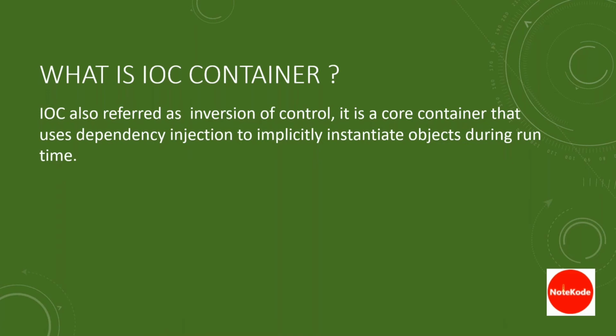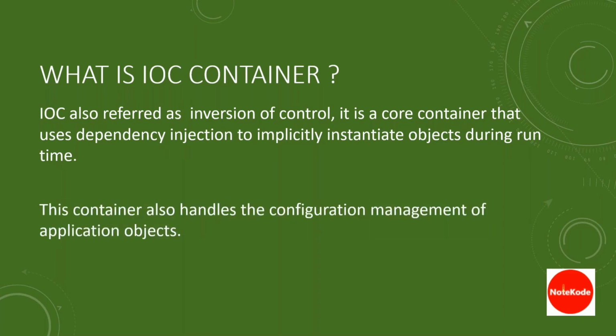And what about dependency injection? Dependency injection is a design pattern which implements the IOC principle. Inversion of control is used to remove the dependency so that it makes the code loosely coupled. And if the code is loosely coupled, it is easy to handle. This container also handles the configuration management of application objects.